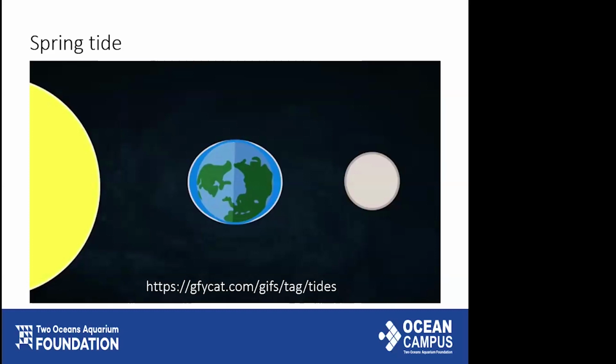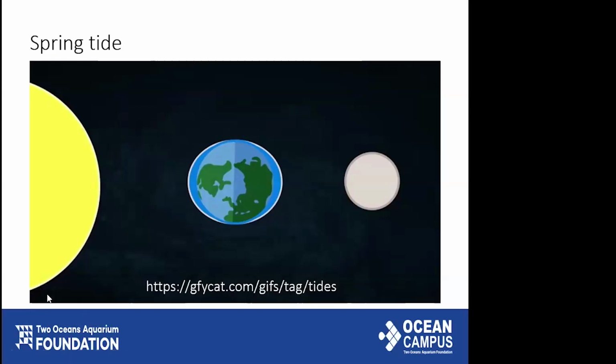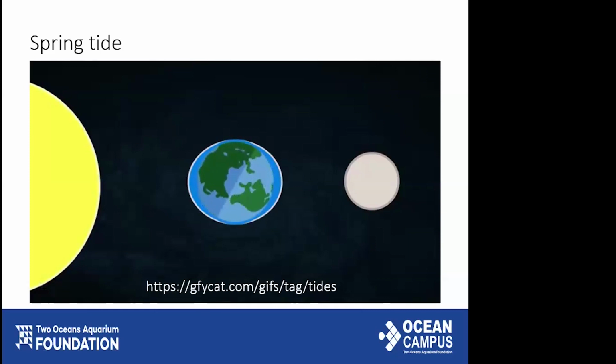Essentially the sun and the moon increase the height of the high tide and also result in the lowest of the low tide. So the impact that we see in spring tide is a very, very high tide and a very, very low tide. So that's just a little bit exaggerated.